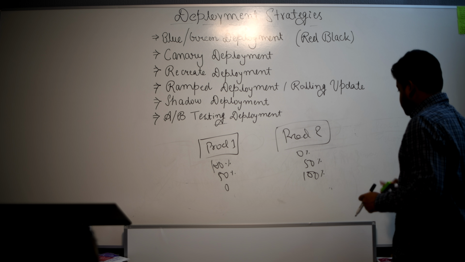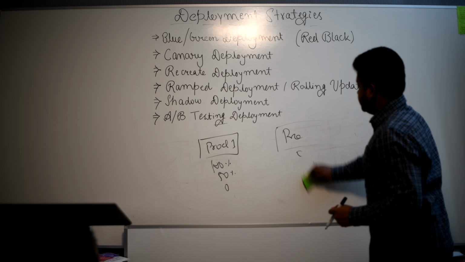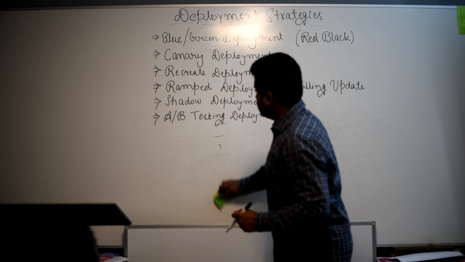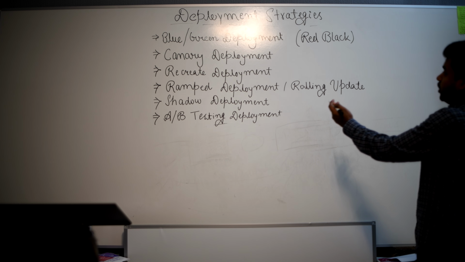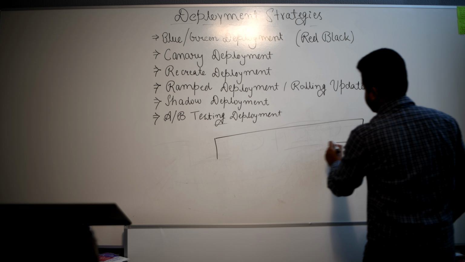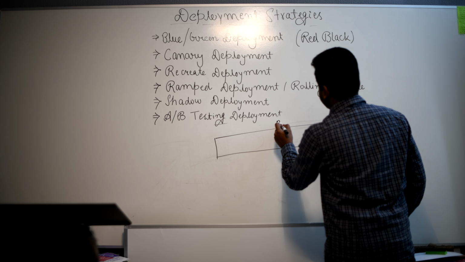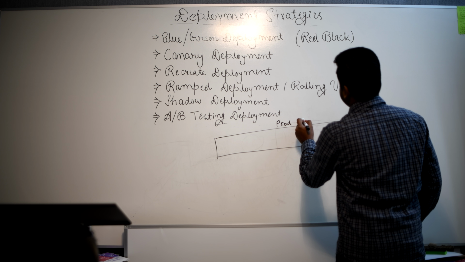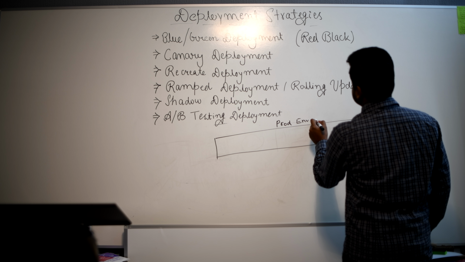Now there is one more deployment strategy which I missed, the ramp deployment and the rolling update. So in the rolling update or ramp deployment, let's assume we have this prod environment, or a cluster of prod servers.